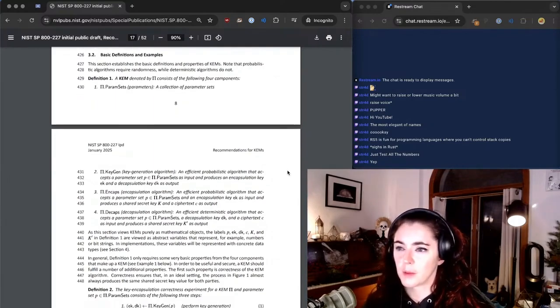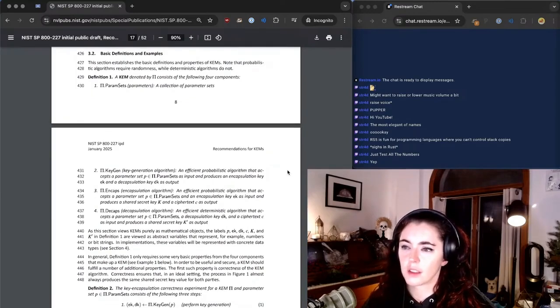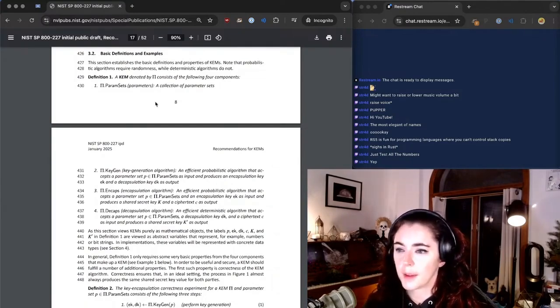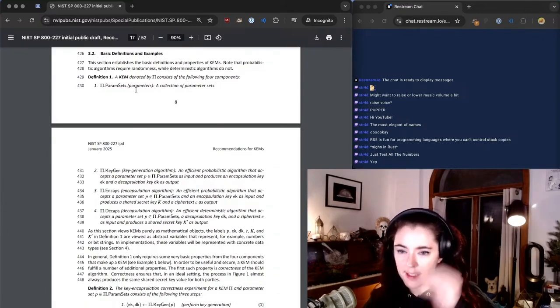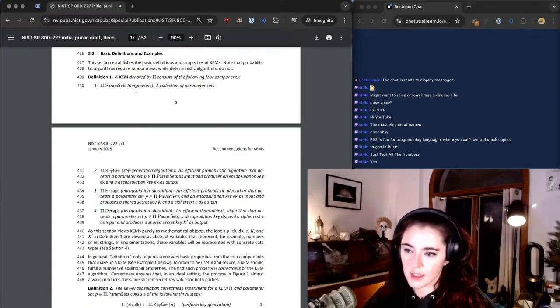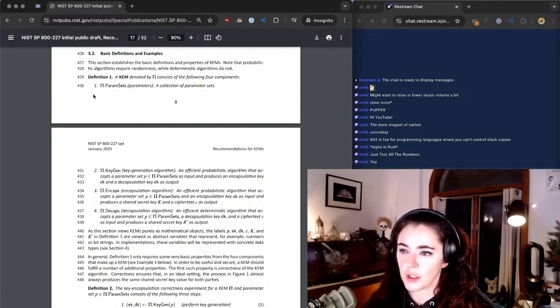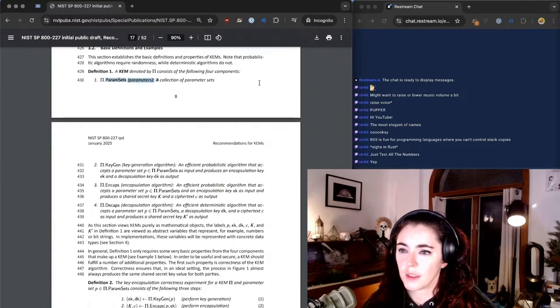I'm comfortable with this, but if you're not a crypto nerd, this might be a little bit foreign or kind of scary. Anyway, it's a whole scheme and it has subroutines. It has component functions. Param sets, a collection of parameter sets. That's dumb. I think we should redo that.